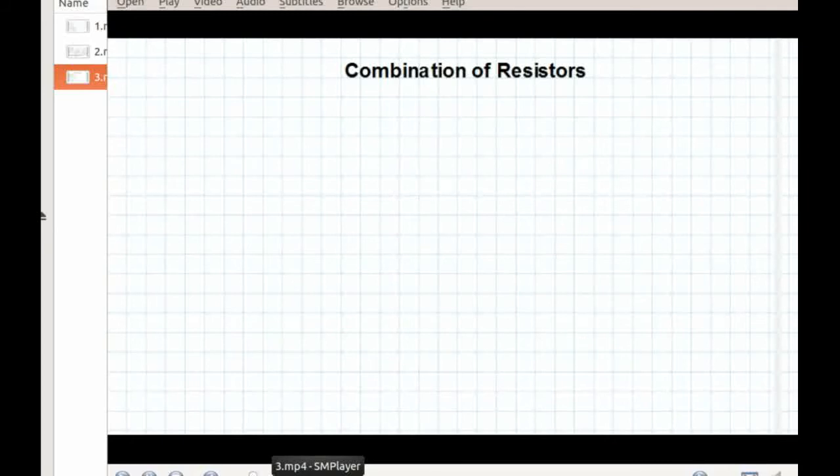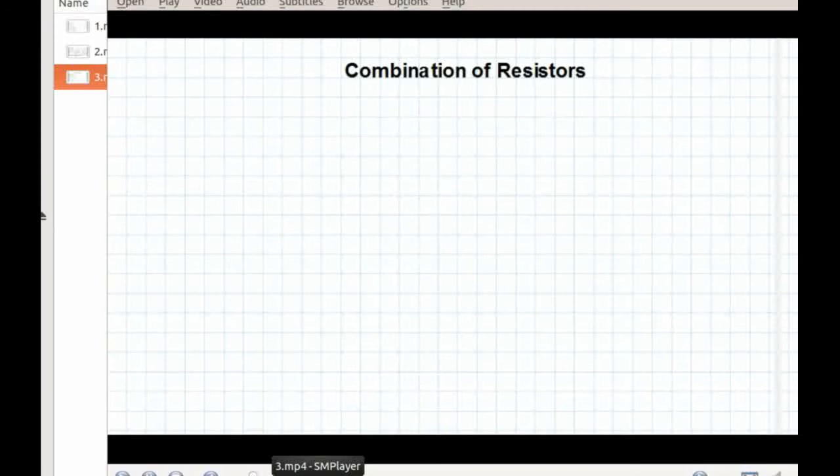Next we will discuss combination of resistors. So we have seen Ohm's law, and in Ohm's law R is equal to V by I, where R is the resistance. Every material will have some resistance. Those materials that offer resistance are generally called resistors.